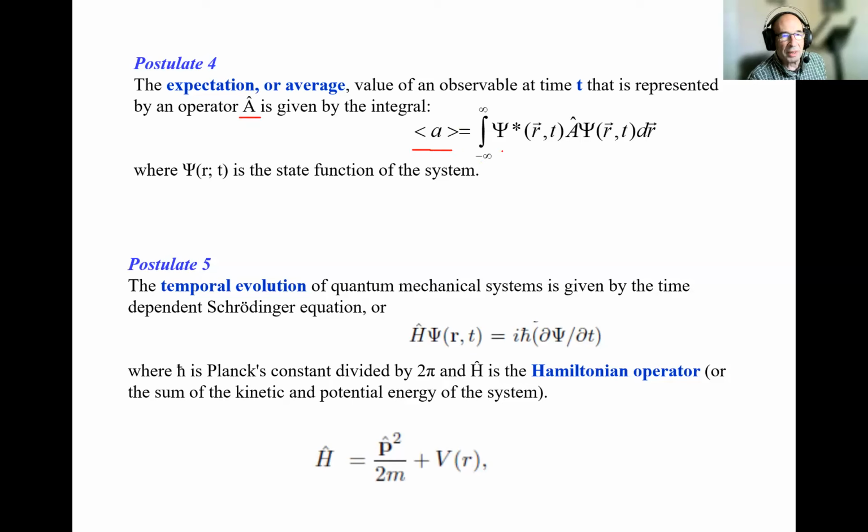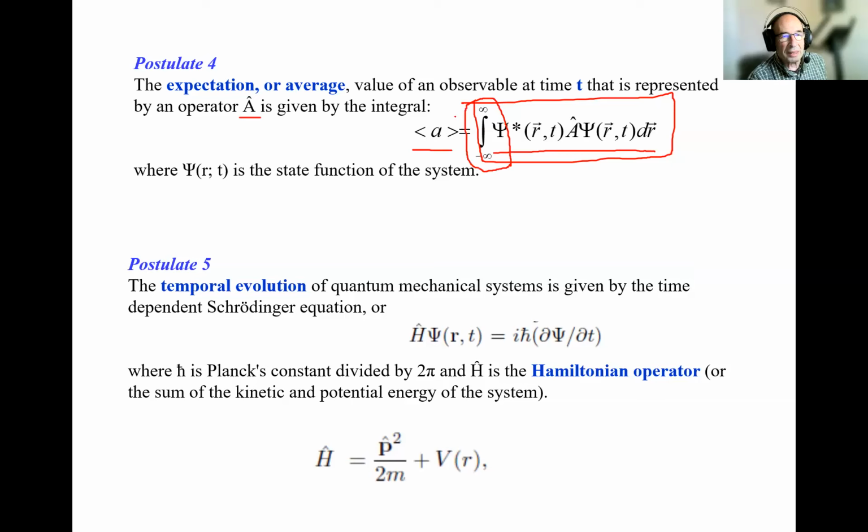The way we calculate this average value, we postulate, is given by this formula. Basically, we take the complex conjugate of the wave function, then take an operator, act with this operator on the wave function, multiply, and then integrate over the whole space.